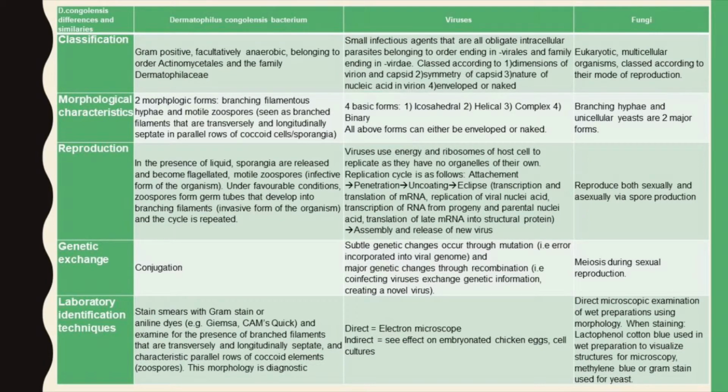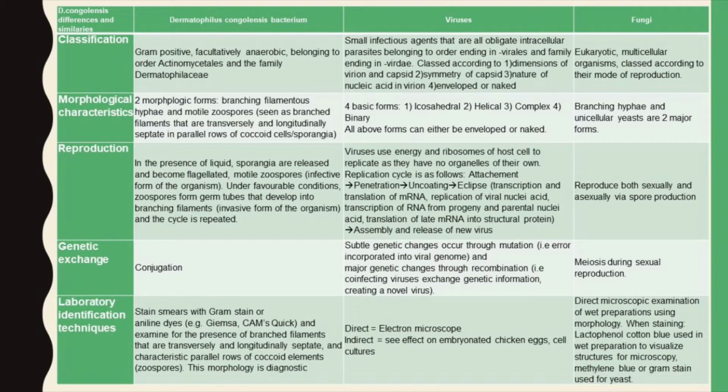In terms of morphological characteristics, D. congolensis has two major morphological forms, these being branching filamentous hypha and motile zoospores. Whereas viruses have four basic forms, and these are icosahedral, helical, complex, or binary, and all of them can either be enveloped or naked. Fungi have two major forms, and these are branching hypha or unicellular yeasts.